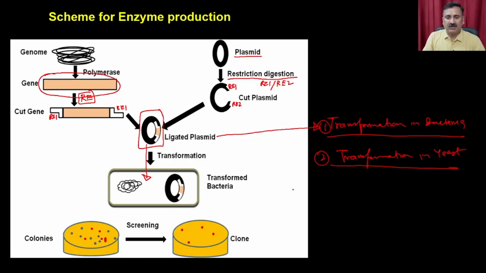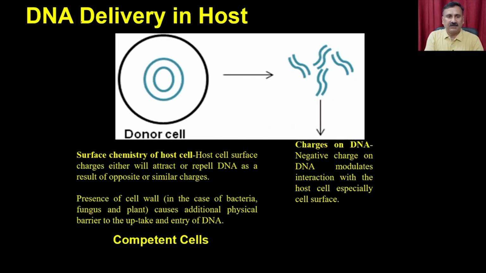Now in today's lecture, we are going to discuss how you can deliver the DNA into mammalian cells. As we discussed, DNA delivery into the host is very important for protein production.